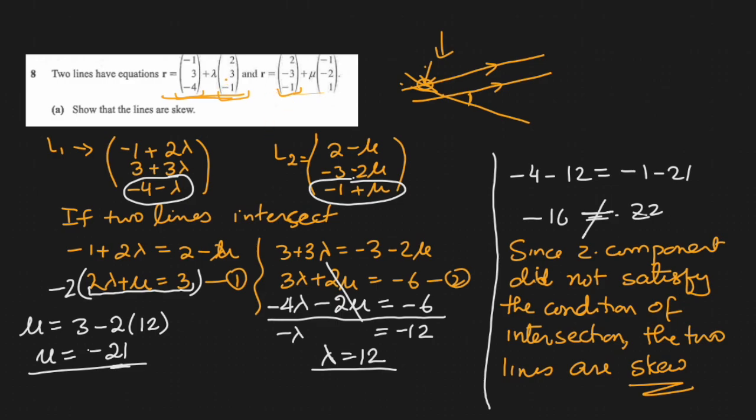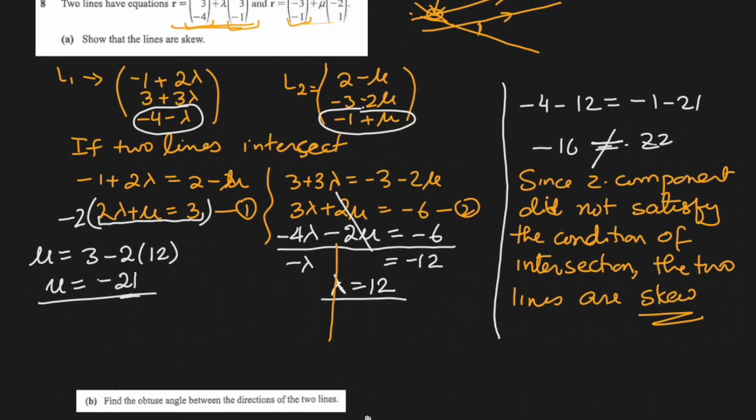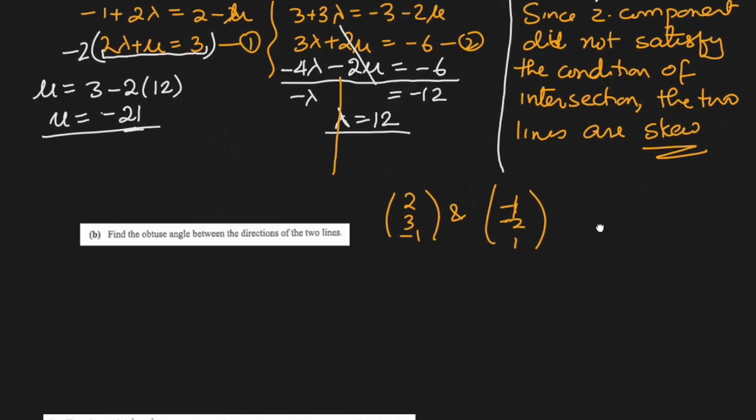We will find the angle between only the direction vectors, which are 2 3 minus 1 and minus 1 minus 2 1. We need to find the obtuse angle between these two vectors.